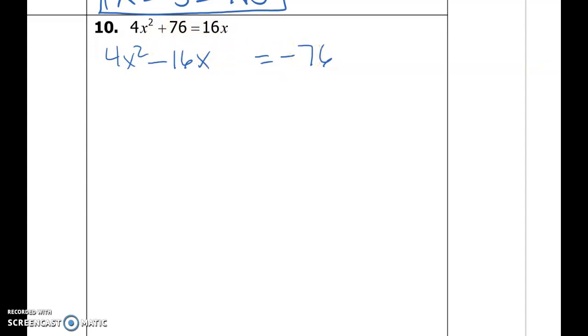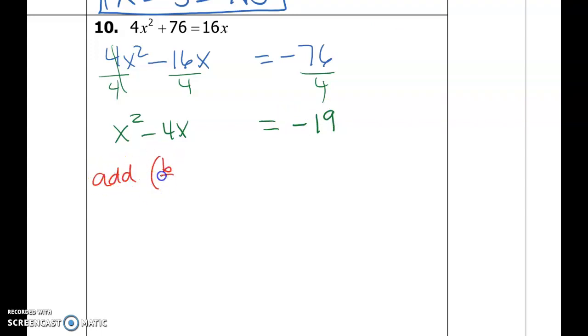So the next step would be to divide by a. Divide by a, and I get x squared minus 4x equals negative 76 divided by 4, negative 19. So now I'm going to add b divided by 2 squared to both sides.